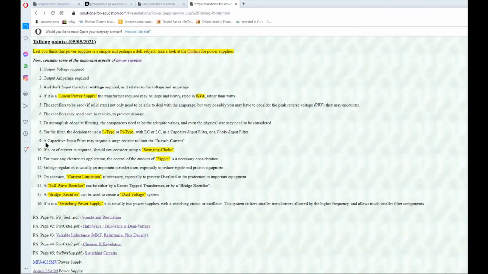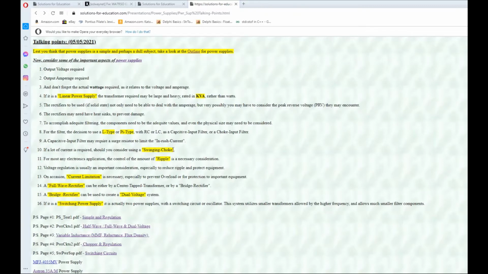The reason why is because a capacitive type filter, you're going to encounter a lot of surge current, which can wipe things out. You can destroy a rectifier that is adequate for the amount of constant current, that is the average current, but not the inrush current. That can actually be really bad.